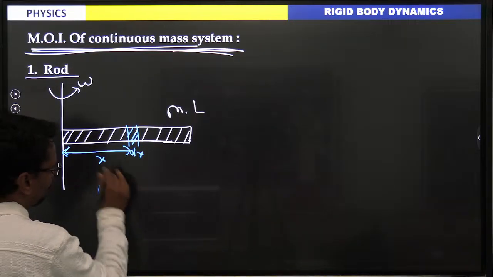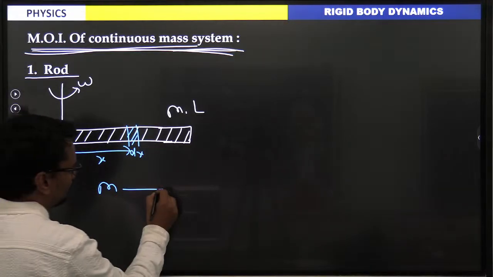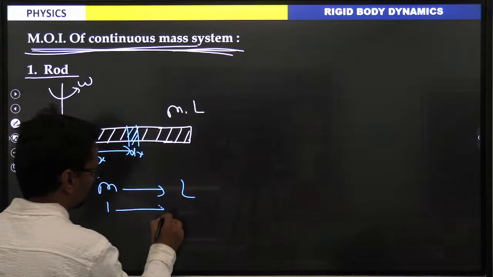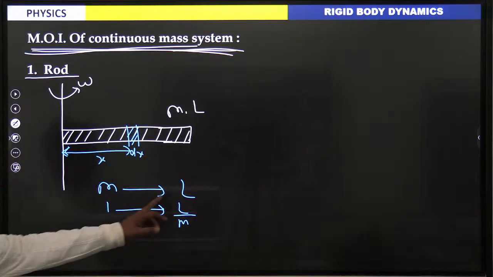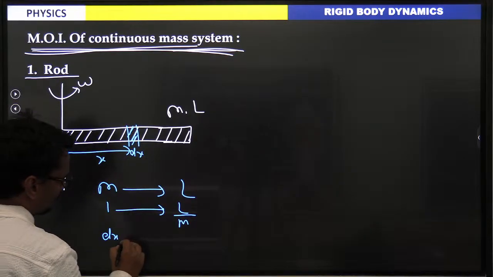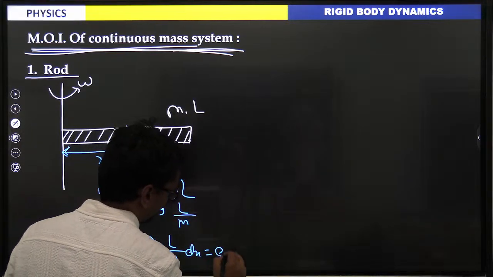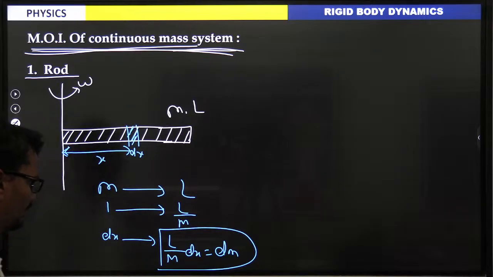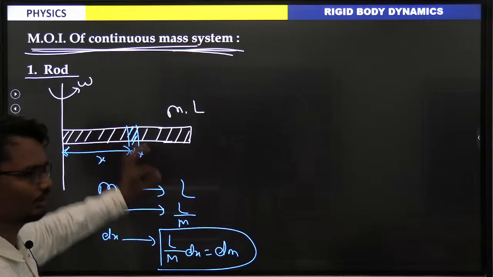The mass of the rod is m and the length of the rod is L. So per unit length, the mass becomes m by L. So in dx length, the mass will be m upon L dx, equal to dm. So you can see, we easily find the mass of this dx cut part of the rod.